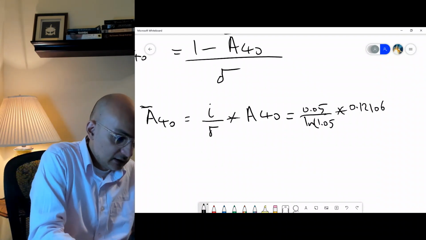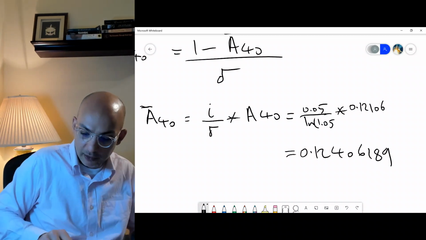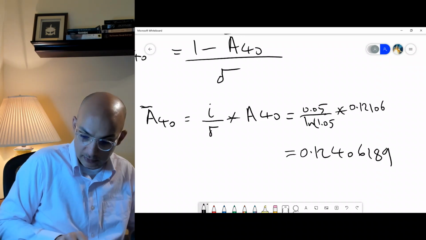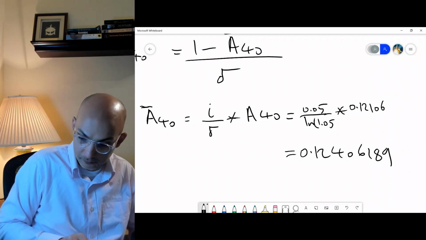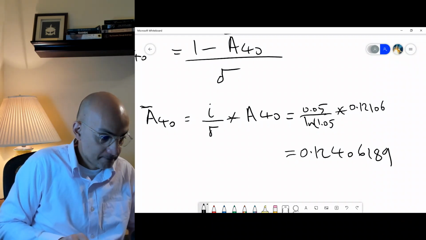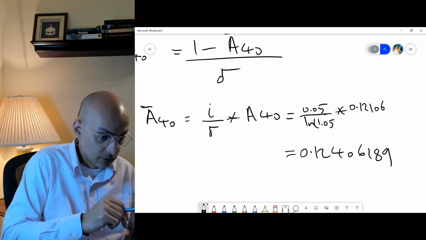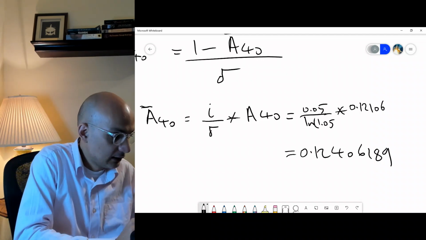What I got here for this one is 0.12406189. I keep everything in my calculator because it helps me not to lose anything. Yeah, .12106. Can I double check again?